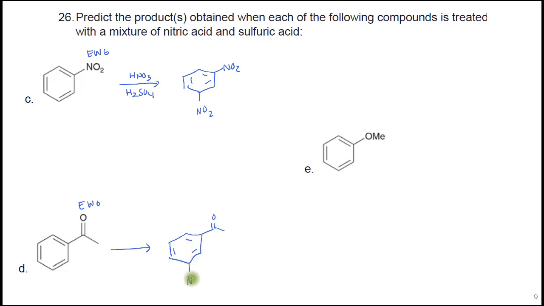So we'll add the NO2 group meta. With an OMe, these electrons can donate in, so this is electron donating, or an activator, which is an ortho-para director. We'll get two products here. So the group that is on the ring is the one that is driving the bus, not the group that is getting on the bus.